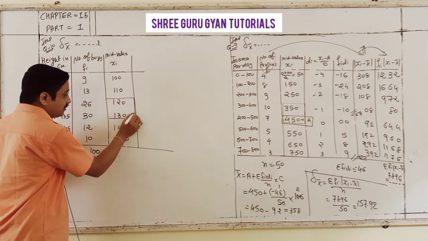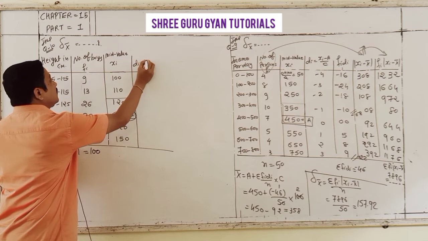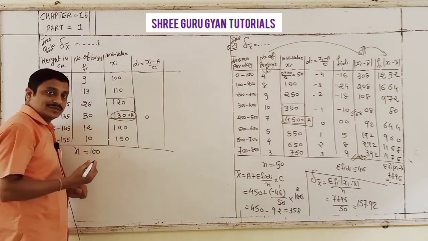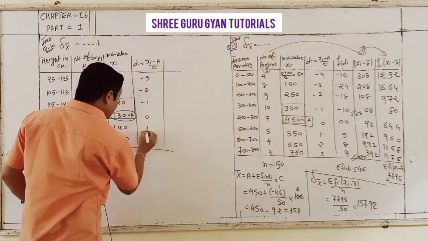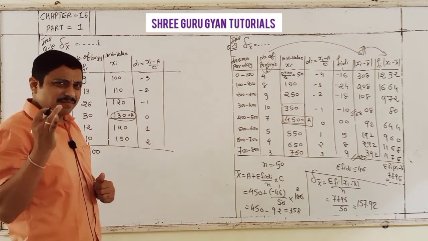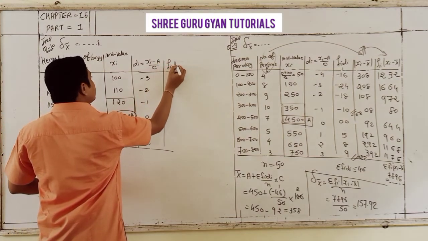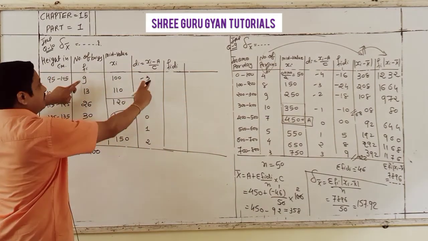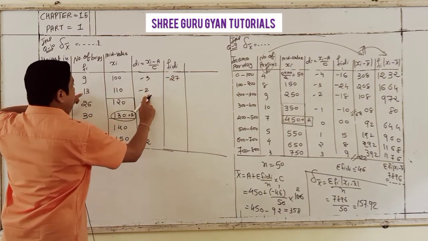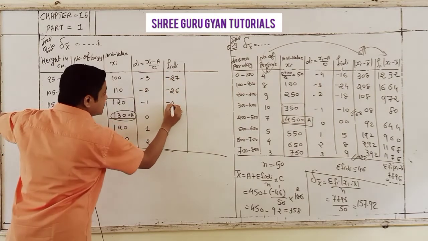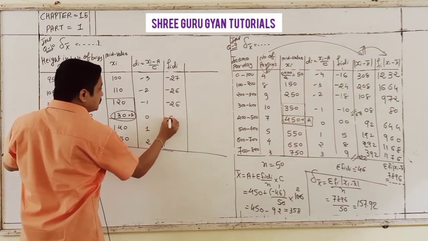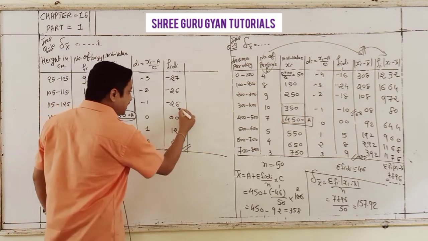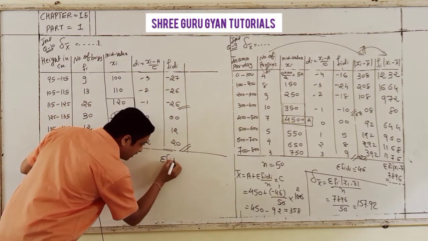You can take any value as the assumed mean. I will take it here and define di as xi minus a upon c, and here 0, minus 1, minus 2, minus 3, and here 1, 2, and similarly you will get fi di. So this is di, this is fi. 9 3s are 27, here 13 2s are 26, minus 26, continue 30, 0, 0, here 12, and that is 20, and total additions, sigma fi di, we will define it.